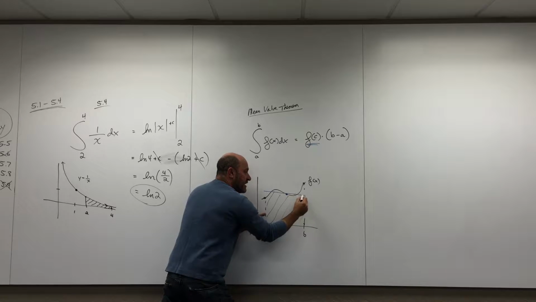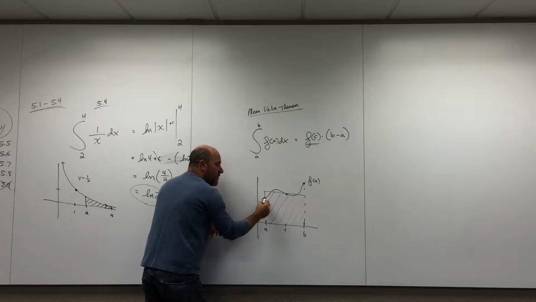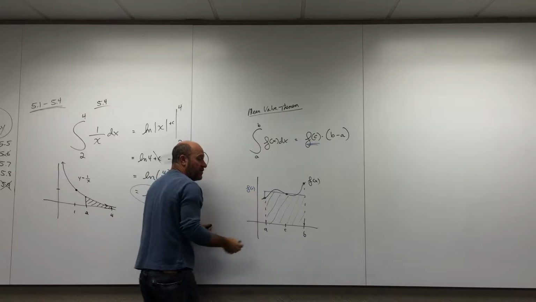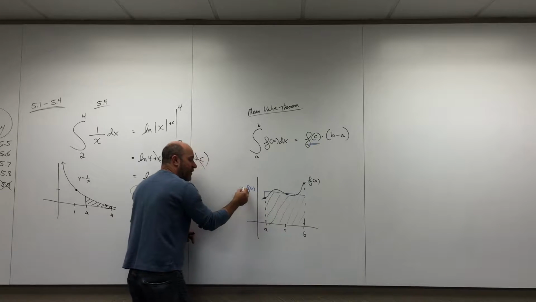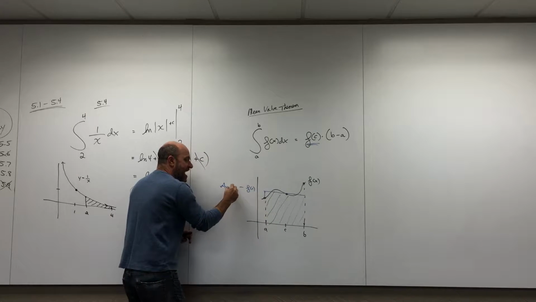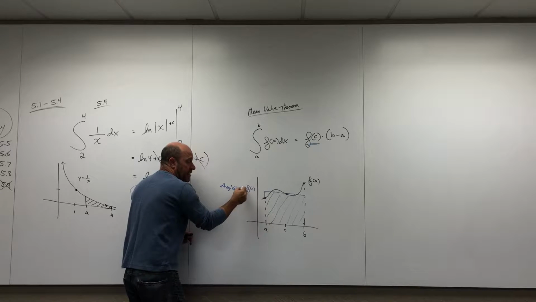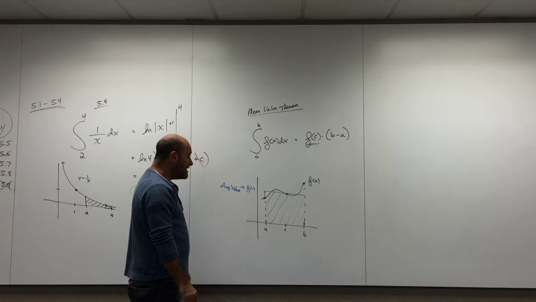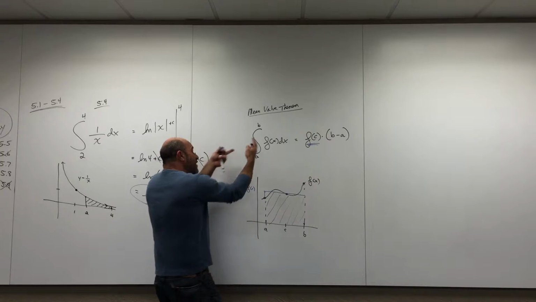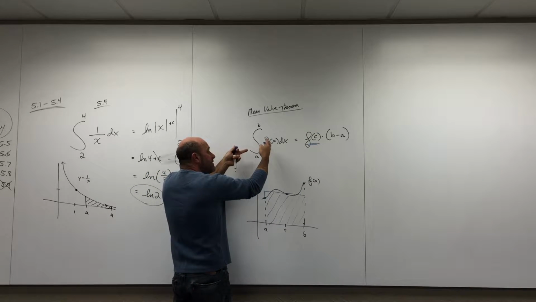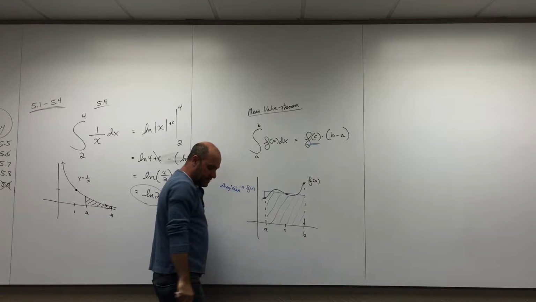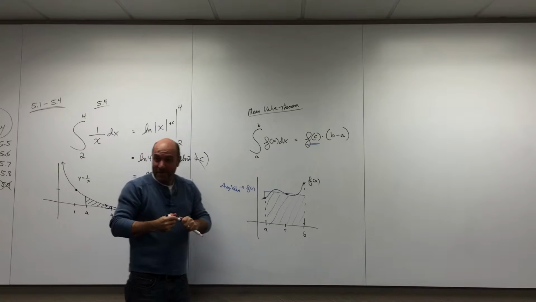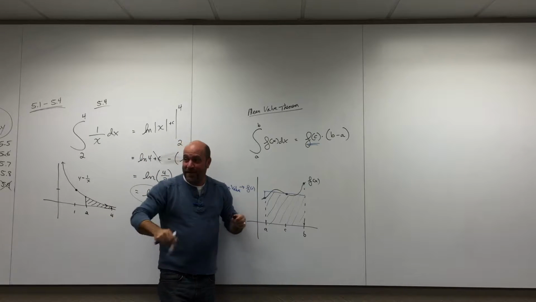What they're saying is that there is a sort of mean value here, or what the book later calls an average value, or kind of an average height. That the area under the curve, it's hard to say. You guys should try this job sometime.